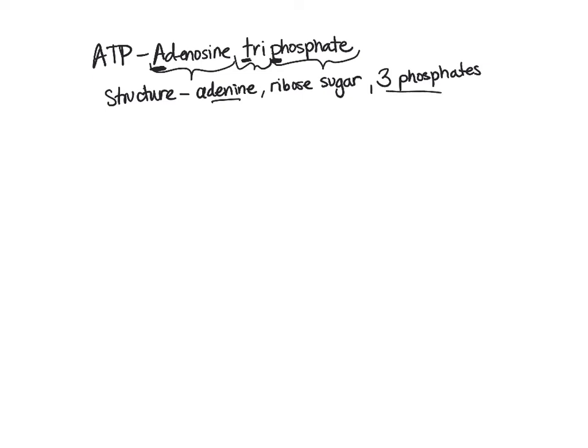So if we take a look at what that looks like, we'll do a quick drawing here of our ribose sugar. And we're just going to kind of put, this is our adenine here, coming off of the sugar. And then over here, this is where we have our 3 phosphate groups.